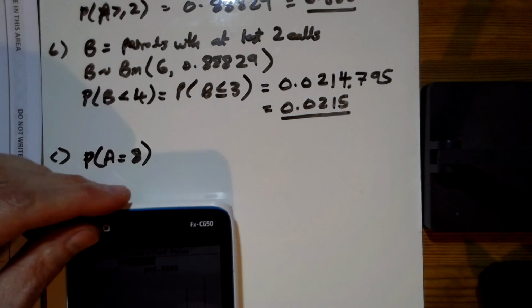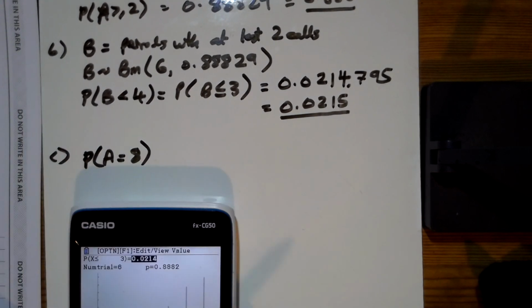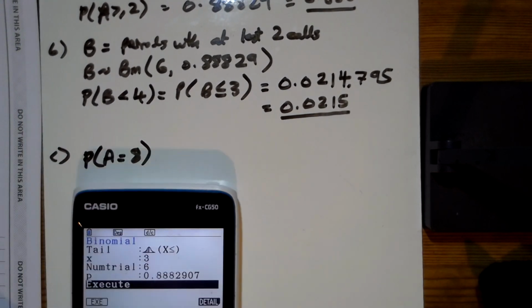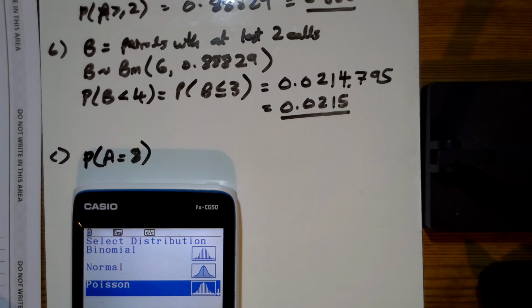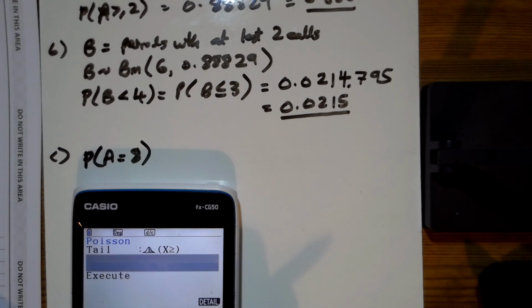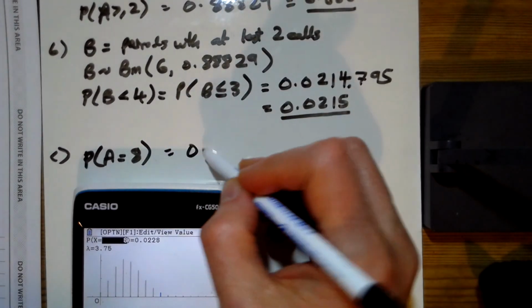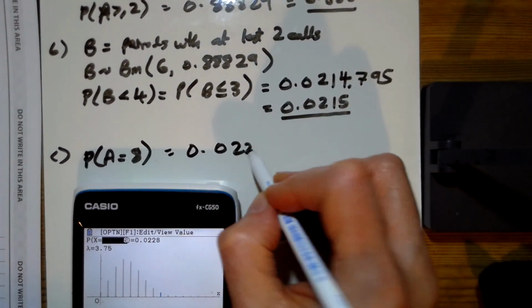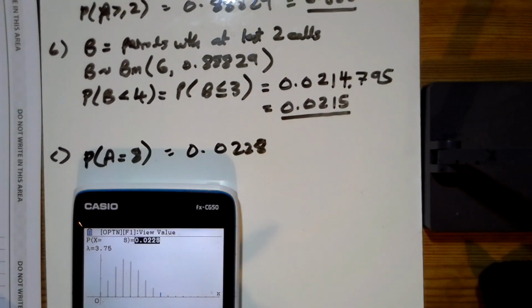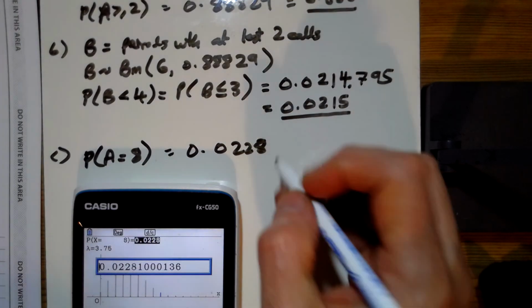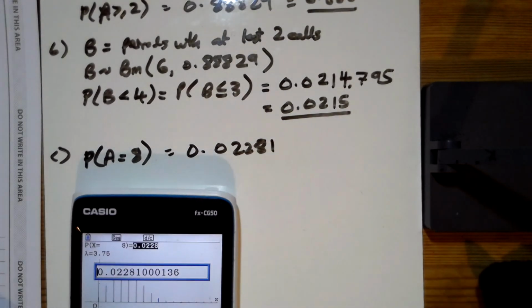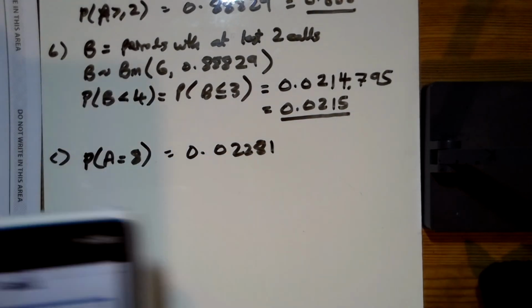So that's where we were before. Let's just go back to our Poisson distribution. Hopefully it's all still there. Yep. And we want this time exactly 8. The chance of getting exactly 8 is 0.0228. Let's look at it a bit more. 0.02281000. They picked a nice one there, didn't they?